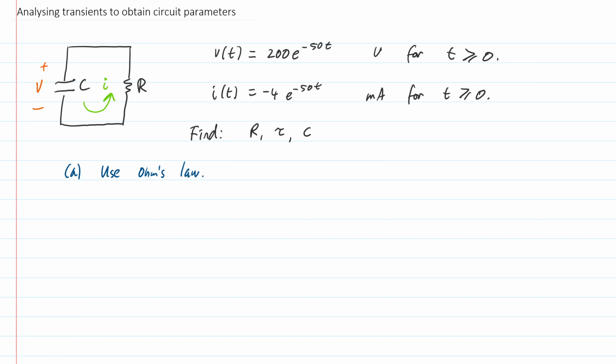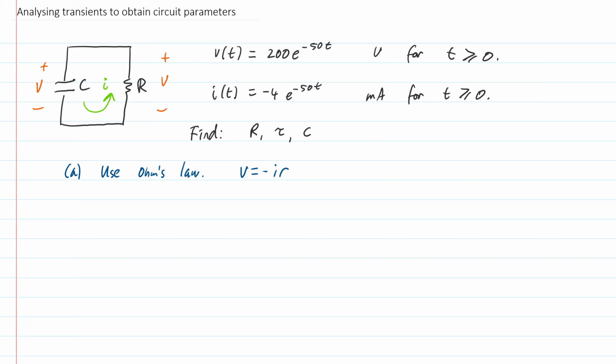The voltage across this resistor is the same as the voltage across the capacitor, the way they're connected. And we see that the current enters the negative terminal of the way that voltage is labeled. So the Ohm's law that we should use for this is V equals negative I times R.